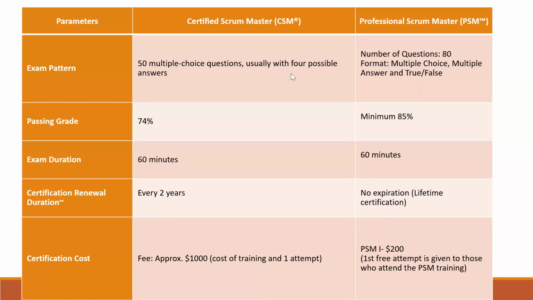I mean, not a disadvantage, but you have to renew every 2 years with a certain amount of money. That's a waste of time, and a waste of money as well. So I generally suggest going for PSM 1. It's an open book exam again, so you need not worry about that. Once you write it and clear it, that's it, and you will get a certificate.